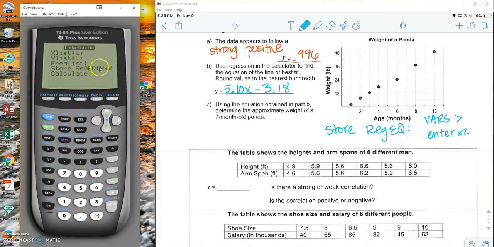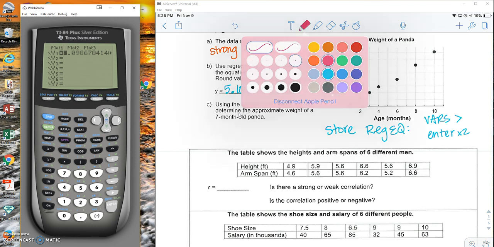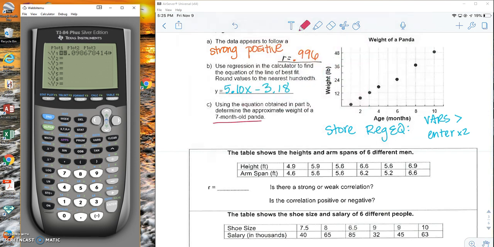Now what this is going to do is take my equation and store it into Y equals. So I'm going to go ahead and click enter. Now this does not look any different, but when I go to Y equals, that really ugly equation is already stored for me.